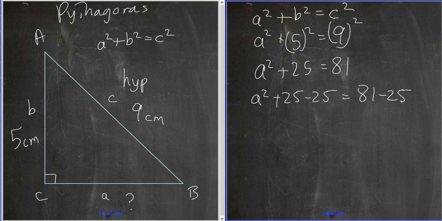Our 25s cancel out. a squared is equal to 81 minus 25. 81 minus 25 is 61, minus 1 is 60, minus 4 more is 56. Yes, I'm doing the mental math out loud.